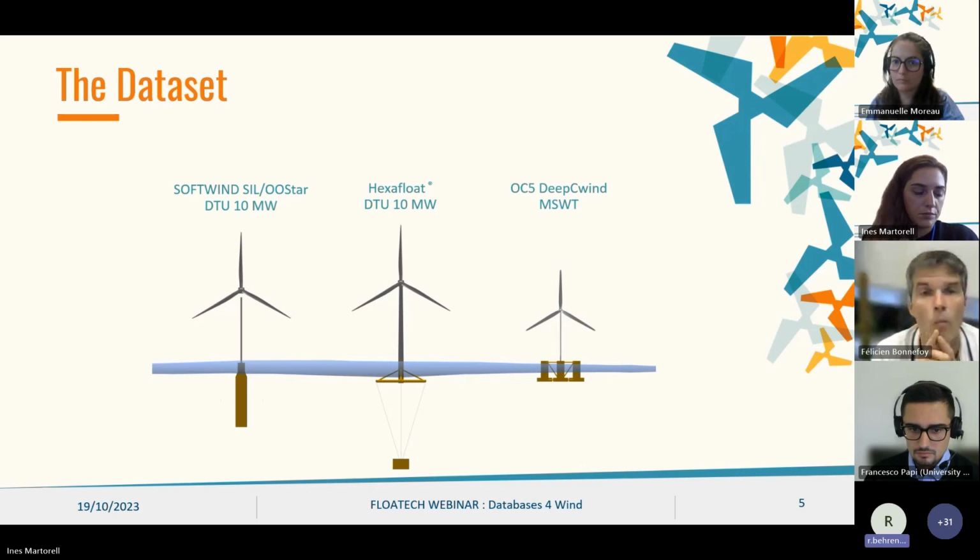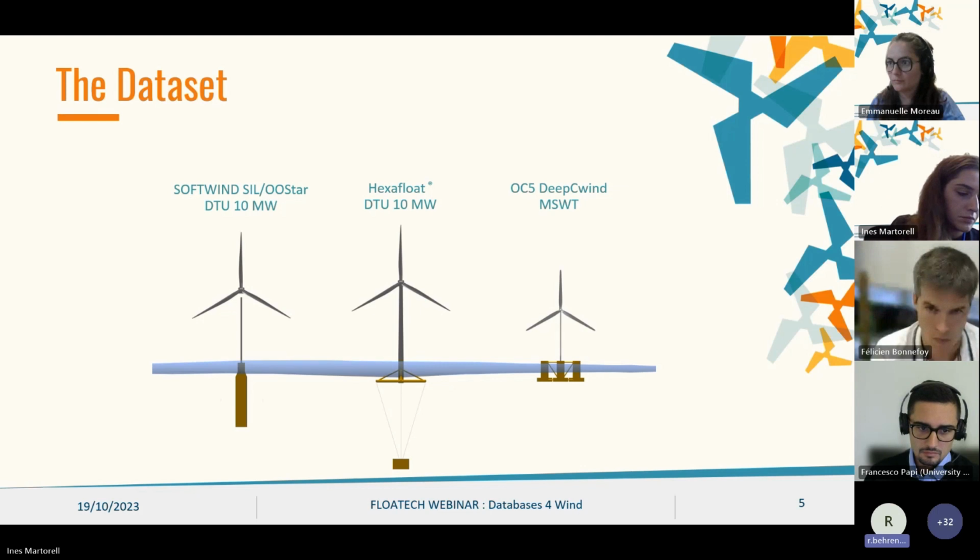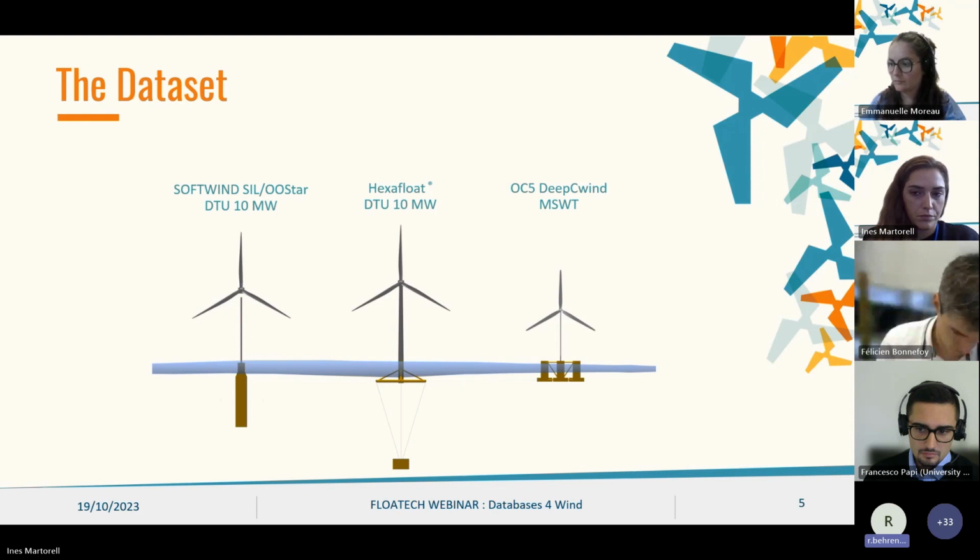In the middle, you see the hexafloat. This is also the DTU 10 megawatt turbine mounted on a hexagonal substructure. And to your right, you see the OC5 platform with the 5 megawatt wind turbine on top of it. It's a little bit older, but still has a lot of resonance in the research community due to several details, especially with regards to the substructure.